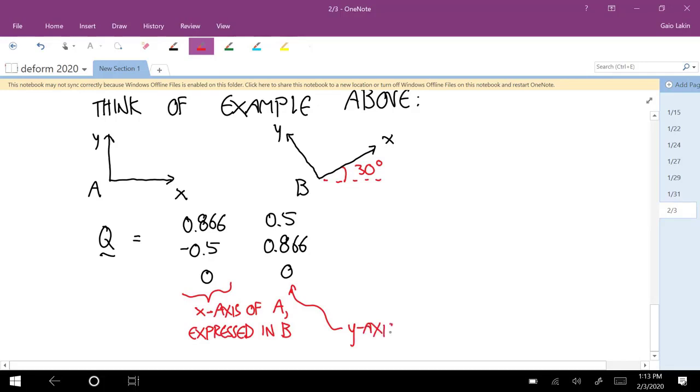You put this vector over here, and then you figure out the counterclockwise angle from the x-axis to that vector. In this case, it would be 60, and then cosine and sine of 60. And then the third one is the z-axis. What would be the components of the z-axis if you expressed it in this coordinate system? 0, 0, 1.